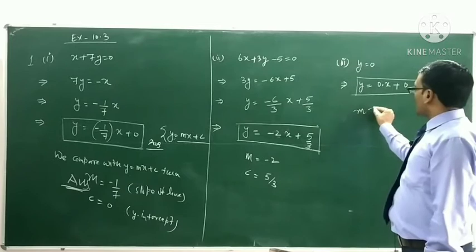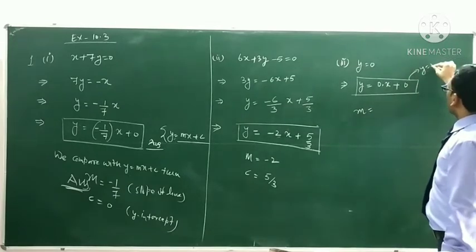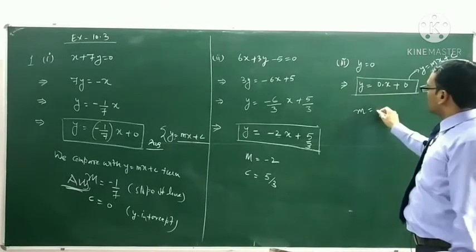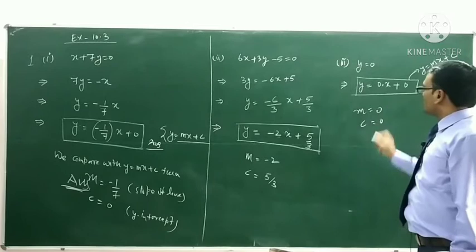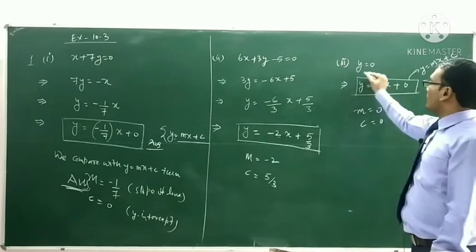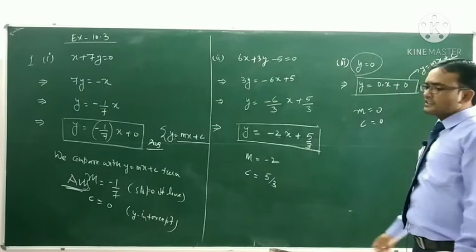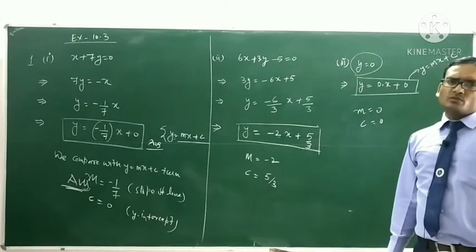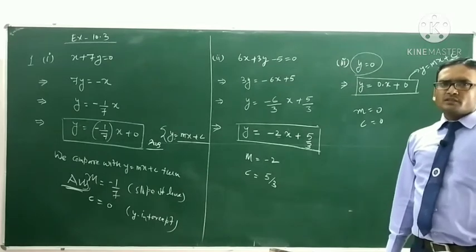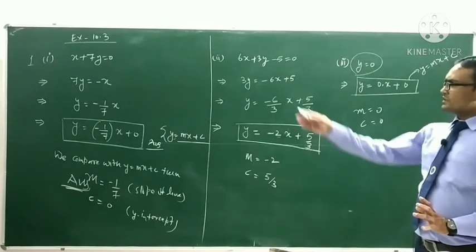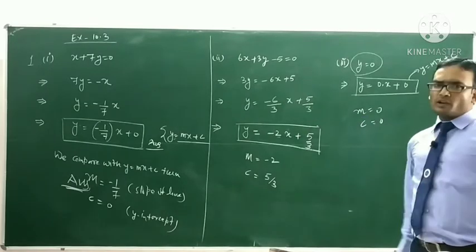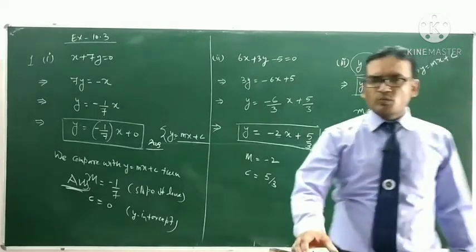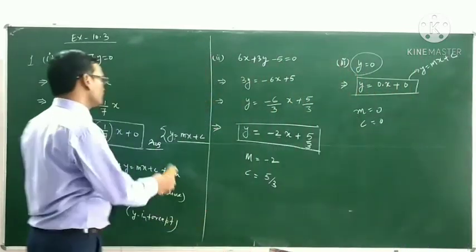We compare with y equal to mx plus c and find the value of m equal to 0 and c equal to 0. That is, the slope of this line is m equal to 0 and the y intercept is 0. Okay, you understood the first part, second part and third part of question number 1. Okay students, let us move on to question number 2.